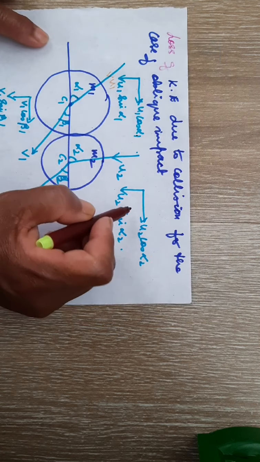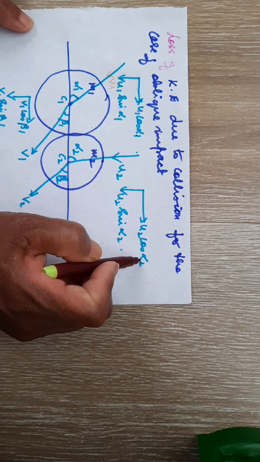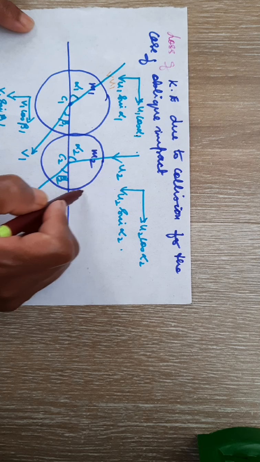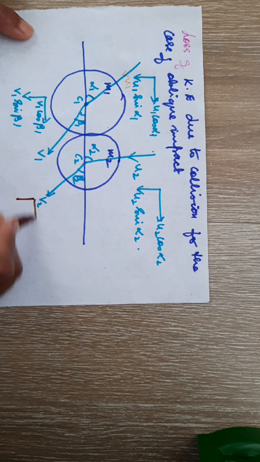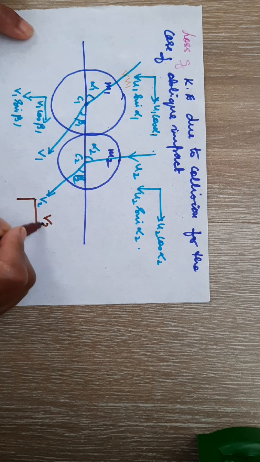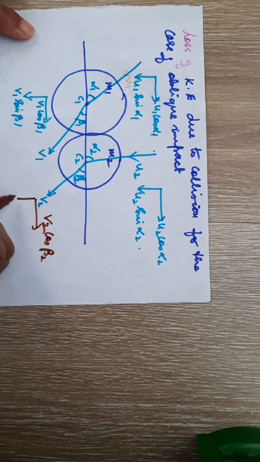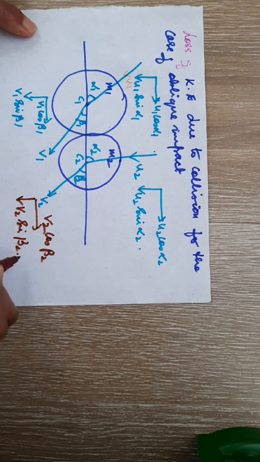For the second sphere also, the component velocity along the line of centers will be u2 cos alpha 2, and u2 sin alpha 2 will be the component velocity perpendicular to the line of centers. After impact also, the component velocity along the line of centers will be v2 cos beta 2, and perpendicular to it will be v2 sin beta 2.